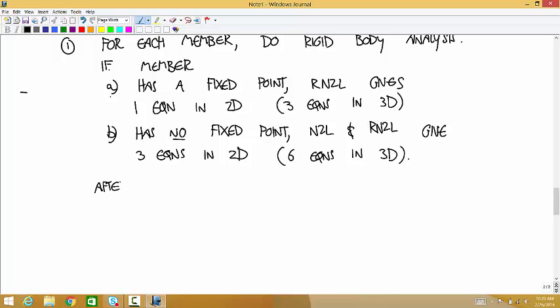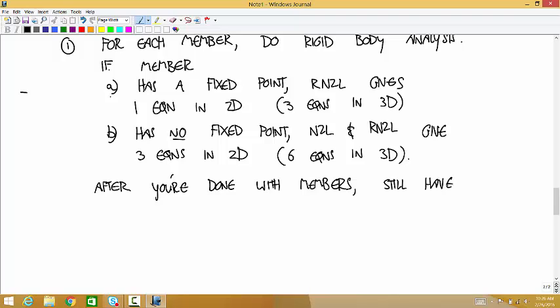So after you're done with all members, you still have more variables than you have equations.